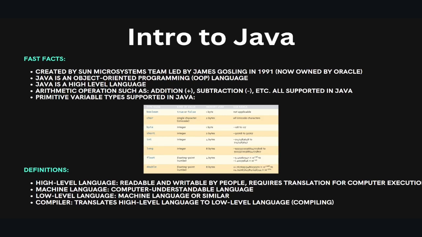It's a high-level language, and it supports arithmetic operations such as addition, subtraction, etc. And also primitive variable types as well. You can see them below. We've got our Boolean, character, byte, short, integer, long, float, and double. I won't go too in depth on these.